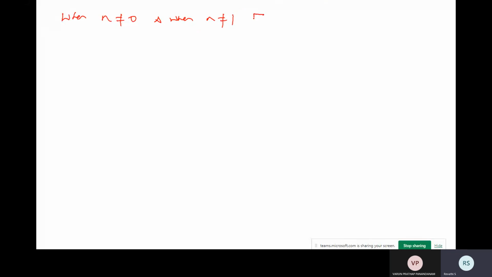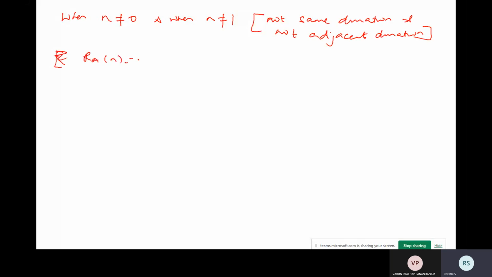Okay, so here, not the same duration and not an adjacent duration. Okay, so that is the case when n is not equal to 0. So RA of n is nothing but the expectation of AK times AK minus n.